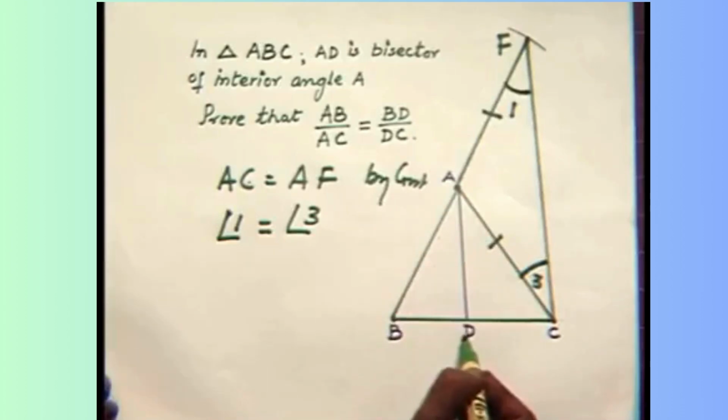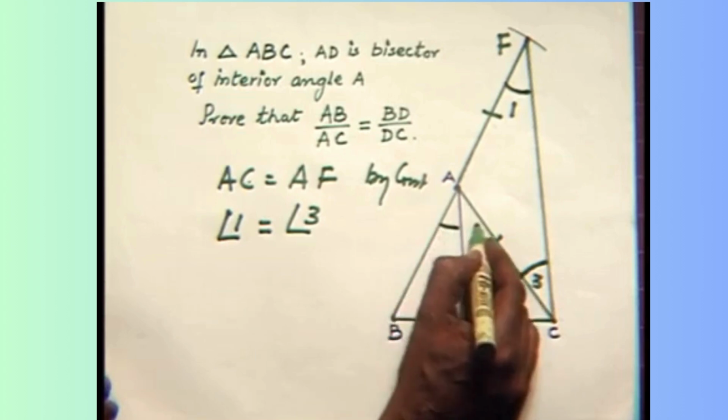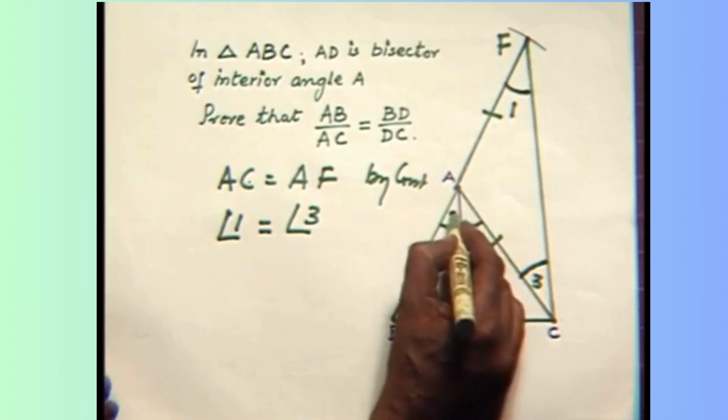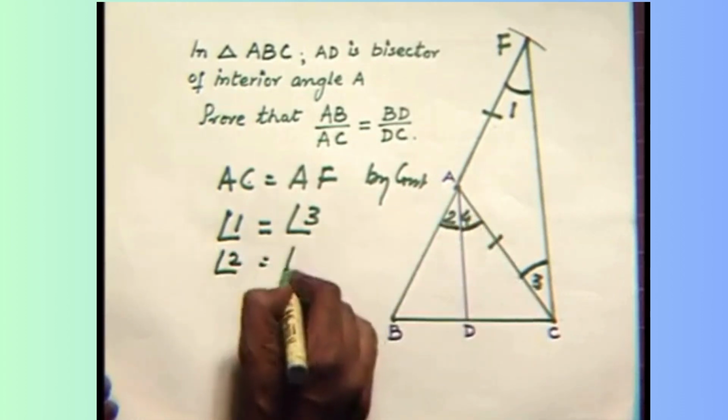Also, AD is the bisector of angle A. So, if I name this angle as 2 and this angle as 4, angle 2 will be equal to angle 4.